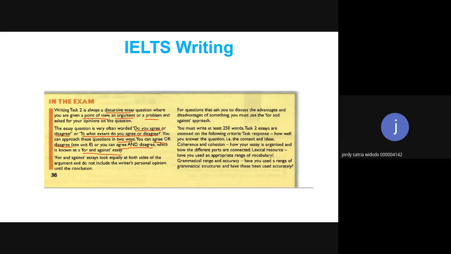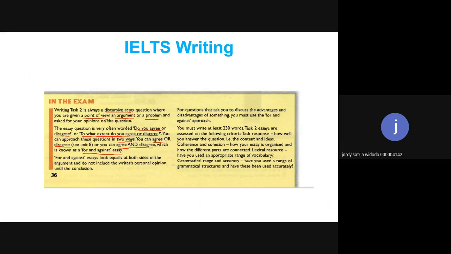For and against essays look equally at both sides of the argument and do not include the writer's personal opinion until the conclusion. Meaning, in an argumentative essay, you cannot put your own personal opinion towards the cases asked in the question.